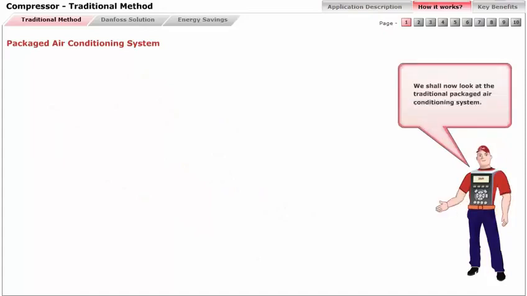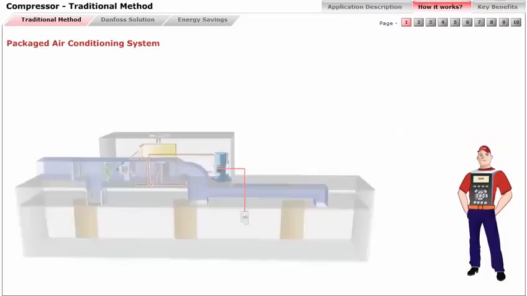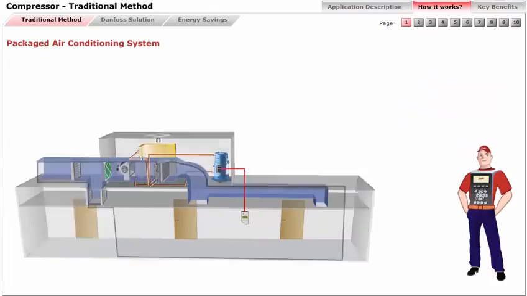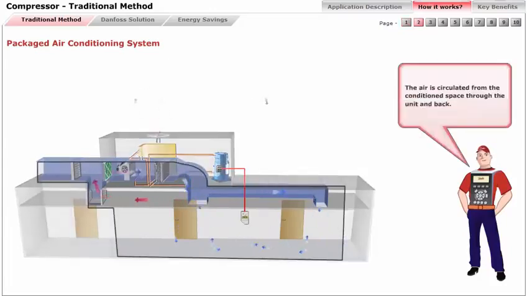We shall now look at the traditional packaged air conditioning system. The illustration shows the typical packaged unit used for cooling a building. The air is circulated from the conditioned space through the unit and back.